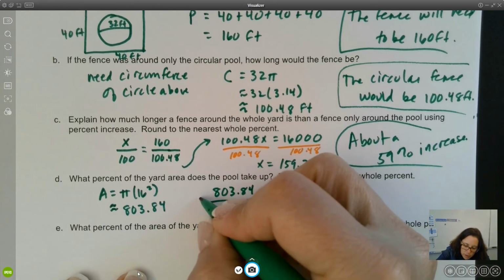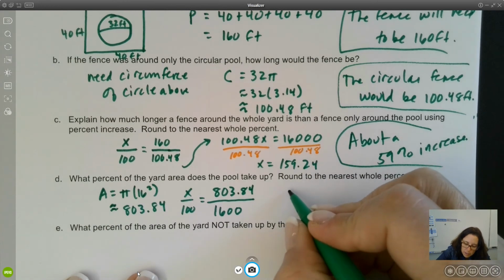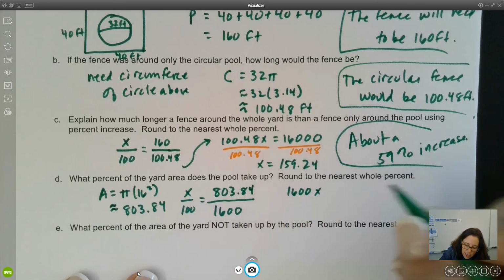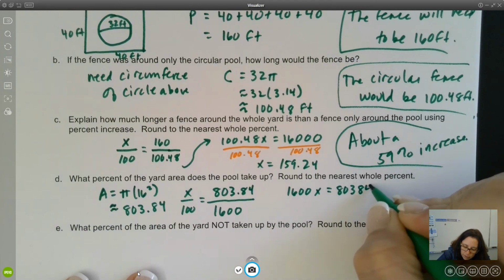I can also do it like this: 1600x equal 80384.